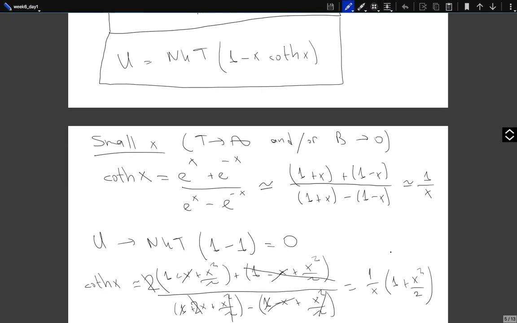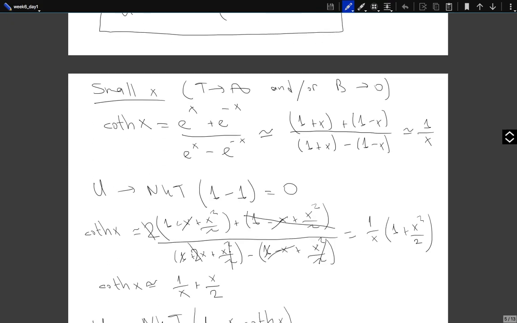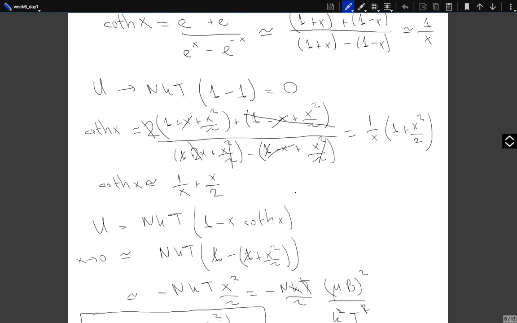And when we calculate the energy, for example, the energy tends to zero. That is what we expected, because if the orientations are random, the probability of the energy of a single spin to be positive is the same as its probability to be negative. So the average would just be zero.